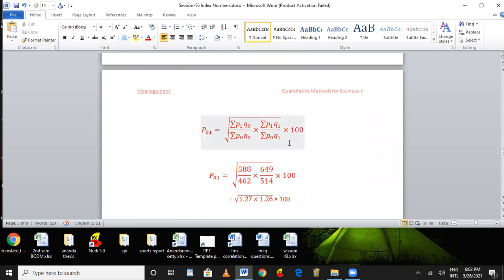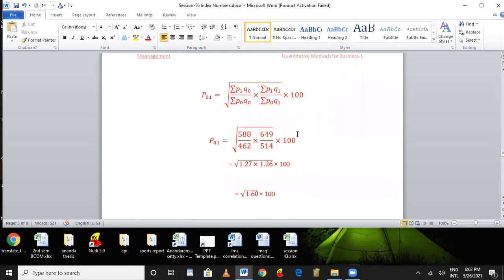If you substitute in the formula for P01, the root of sigma P1 Q0 divided by sigma P0 Q0 into sigma P1 Q1 divided by sigma P0 Q1, into 100, with the 100 outside the square root. After getting the decimal points, you have to multiply by 100, because it is expressed in terms of 100.